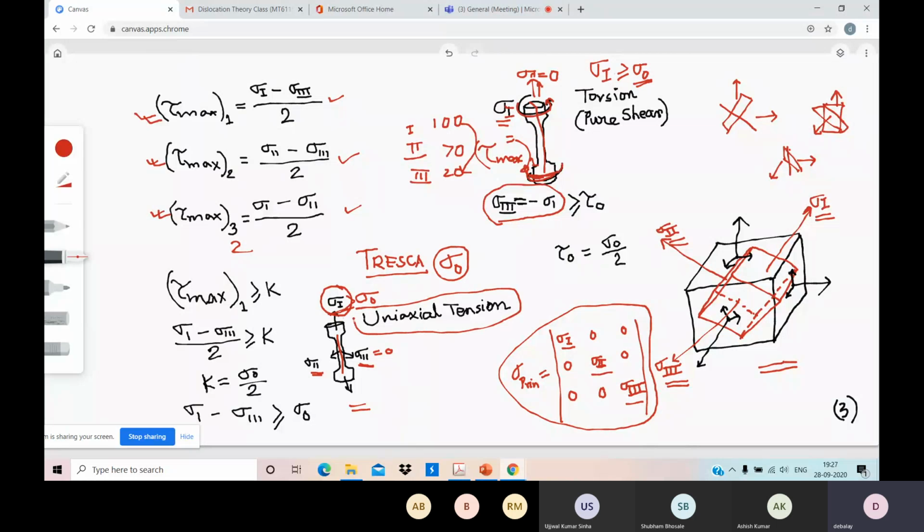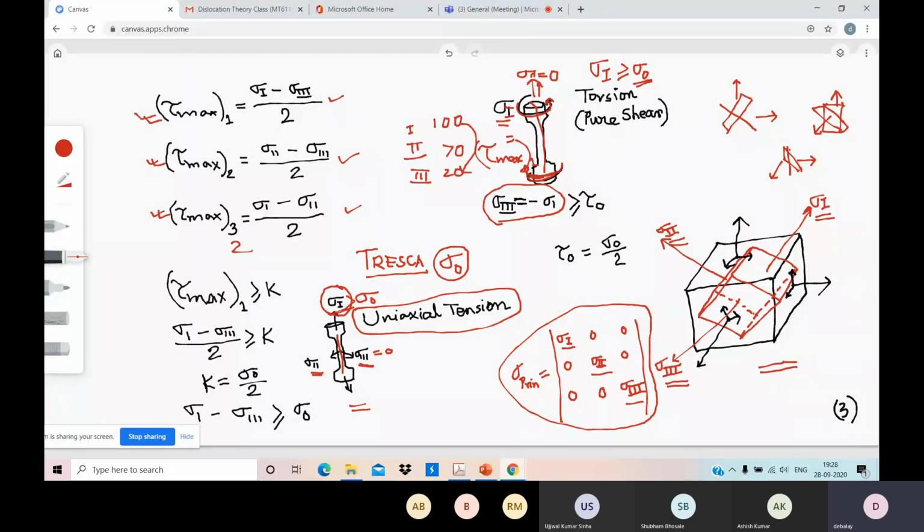Remember the terminology. Yield strength is not the same in every loading. If you apply tension, you have to apply higher stress to cause yielding than in torsion, because in torsion the shear component is much more. In tension the shear component is less.